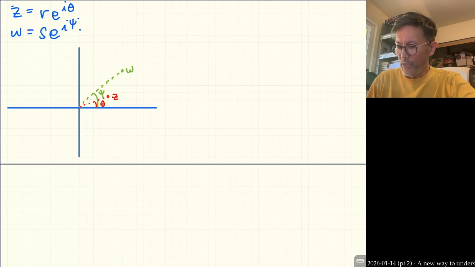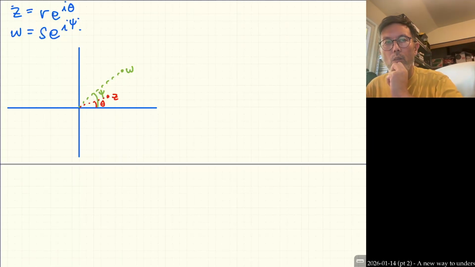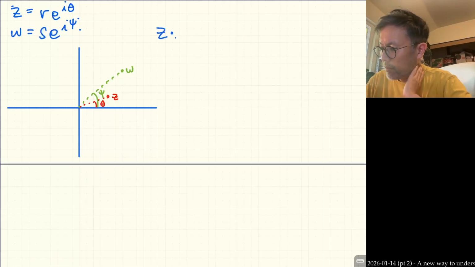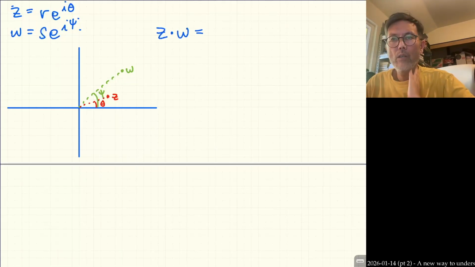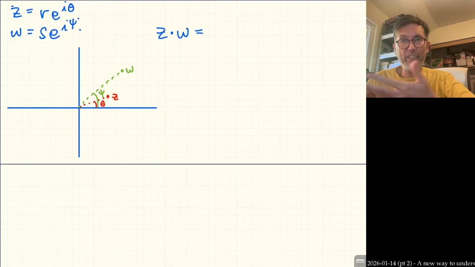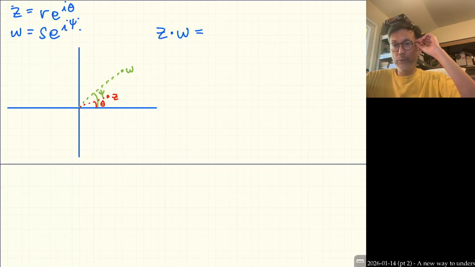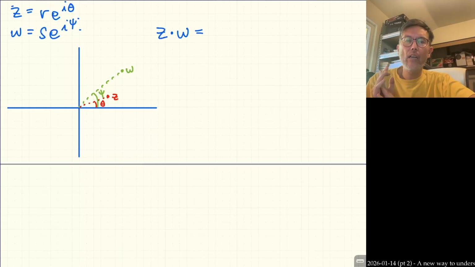Now, can we contemplate for a moment, what is z times w going to be? Well, we learned very early on how to do complex arithmetic. And if we had these in rectangular form, we would do the usual thing. Easy. But here we're going to work with multiplication where z and w are in their polar forms.